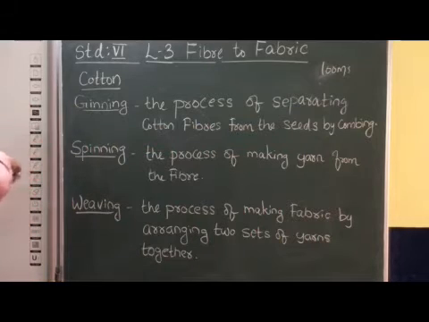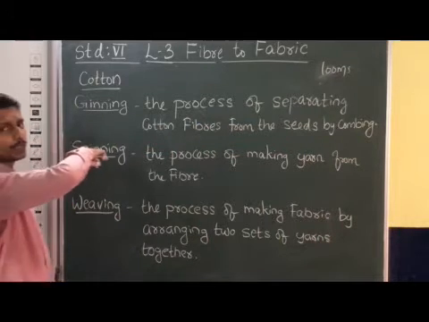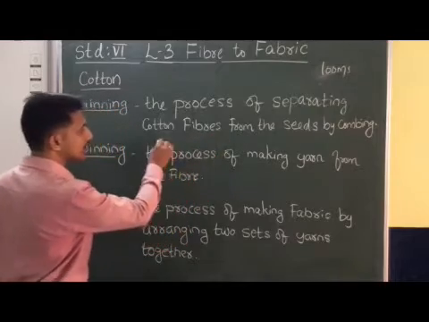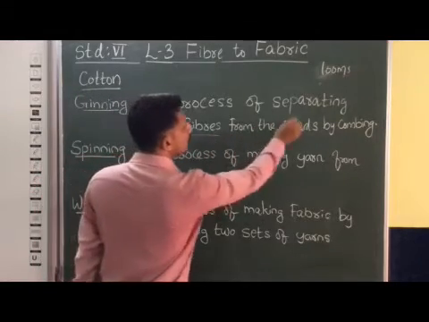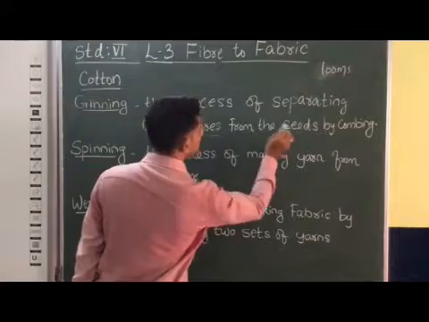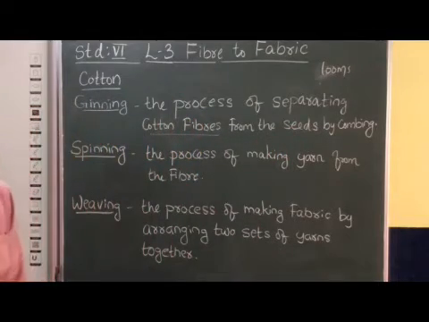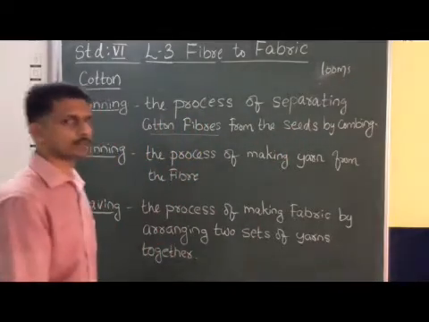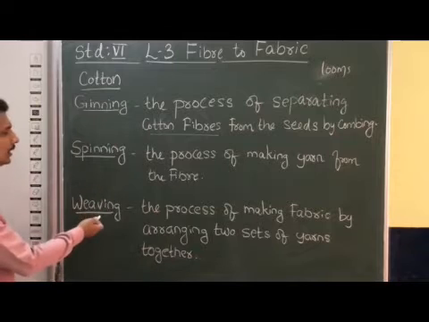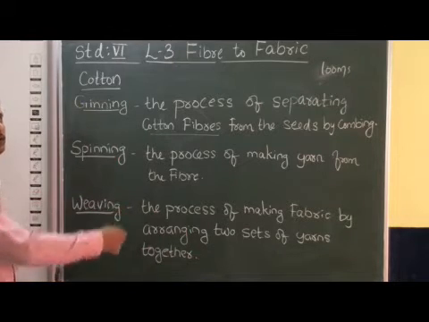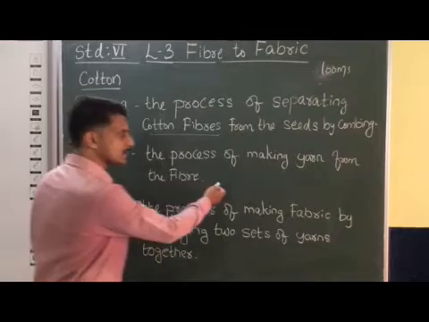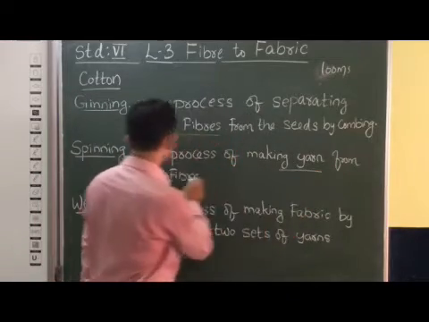The first one is the ginning process, the process of separating the cotton fiber from the seeds by combing. The second process is spinning, the process of making yarn from the fiber.